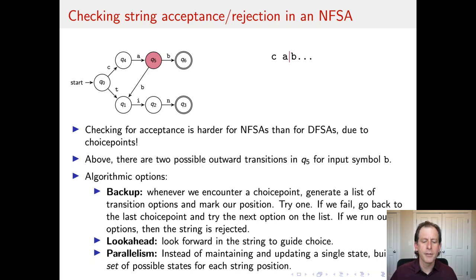There's look ahead, which is to look ahead farther in the string for guidance about which path I ought to choose. And then there's parallelism, where what I maintain for every position in the string is not which state I'm in, but what set of states I can be in. Those are all different options. I'm not going to cover them in greater detail, but in the readings and other resources, you can look at algorithmic methods for checking string acceptance and rejection in a non-deterministic automaton.